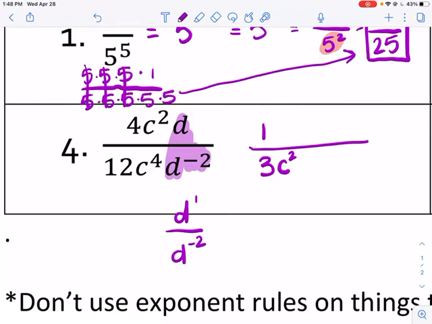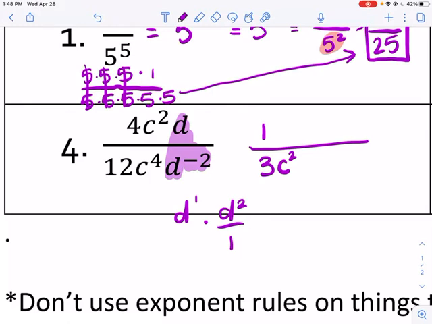Now d to the -2nd is like 1 over d squared, and that looks super ugly. But remember, this is like dividing by a fraction, which is the same as multiplying by a reciprocal. So we're going to multiply by d squared over 1 because it was 1 over d squared.